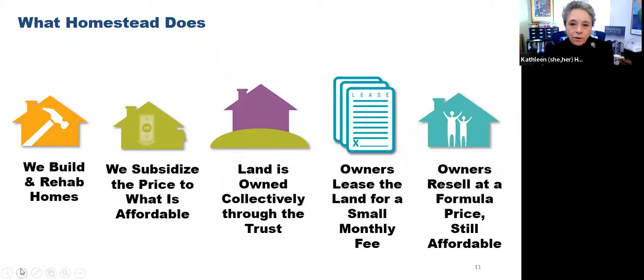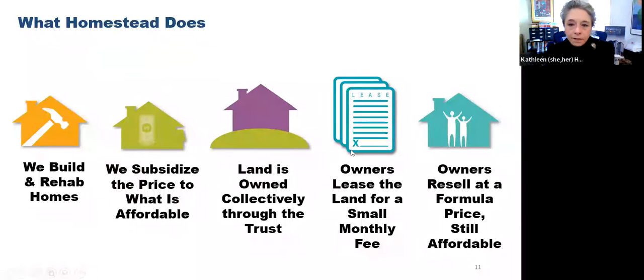Then, as part of our model, the land under the home is held in trust and is stewarded collectively by the land trust. And owners then lease their land for a small monthly fee. In exchange for getting that great very low price on a home, they agree to restrict their equity gain to a formula resale price so that the home will stay affordable when they go to sell to the next income qualified buyer.